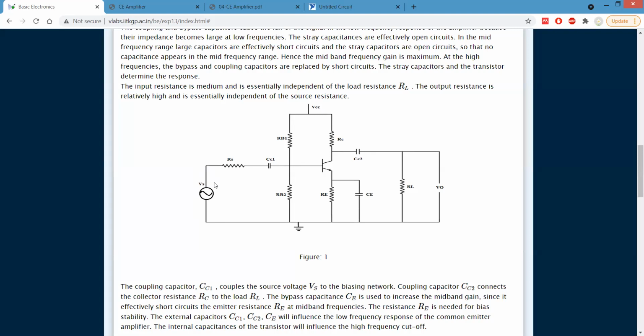That is why these coupling capacitors are most important. But first of all, RB1, RB2, RE and RC, the transistor and VCC are for biasing only. Here only a positive voltage VCC is applied, and the negative terminal is connected to ground.